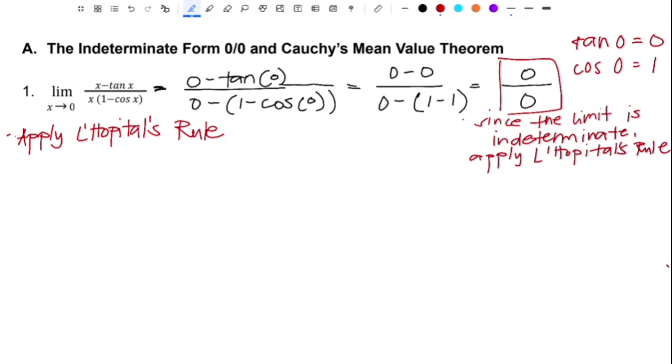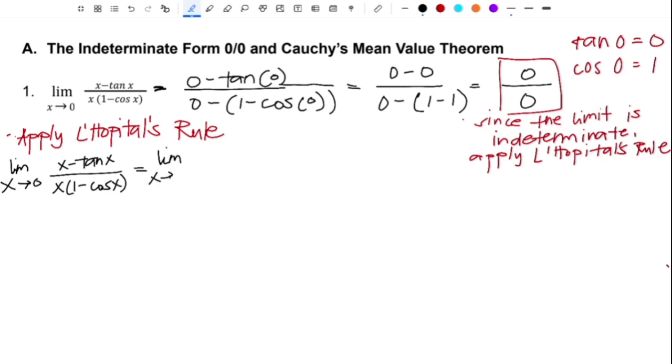Let's copy first our problem. The limit as x approaches 0 of x minus tangent x over x times 1 minus cosine x. To apply the L'Hopital's rule, we need to differentiate our numerator and our denominator. Okay, let's do it.